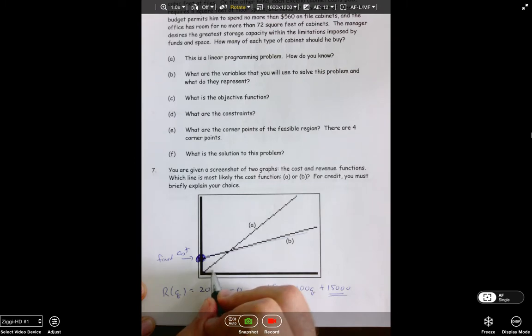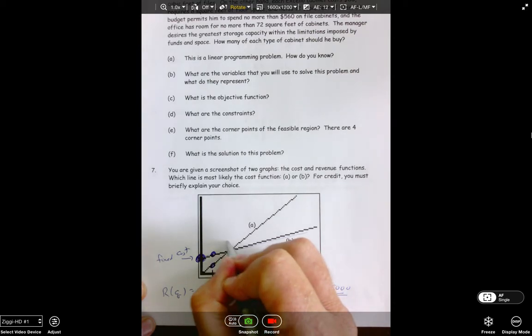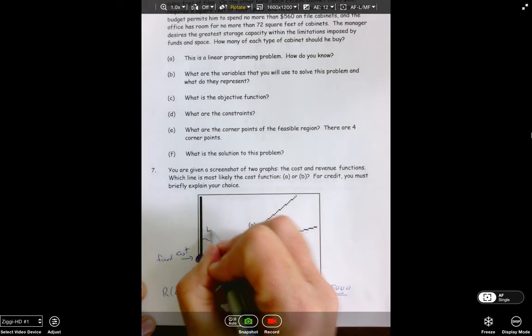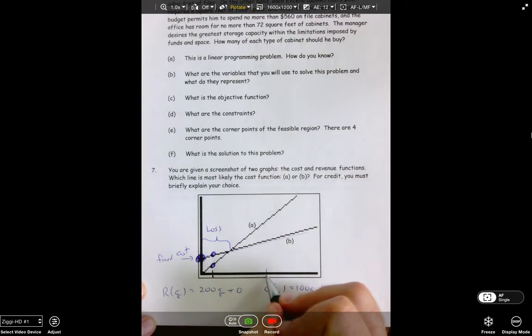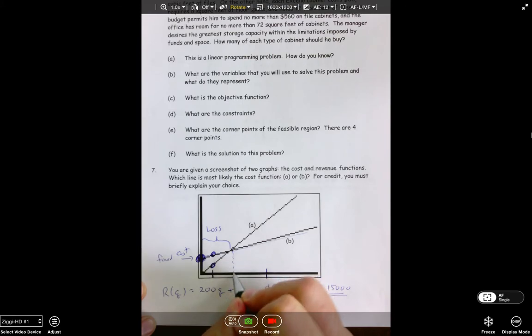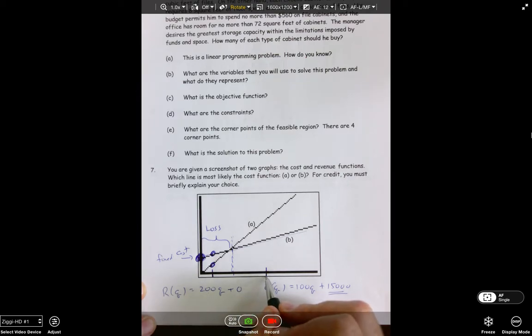Now guys, when we have x's down here, notice that our cost is above our revenue. So from here to here, we're losing money. But choose a point beyond this point right here. Everything over here, we're making money because you choose some point like this one.